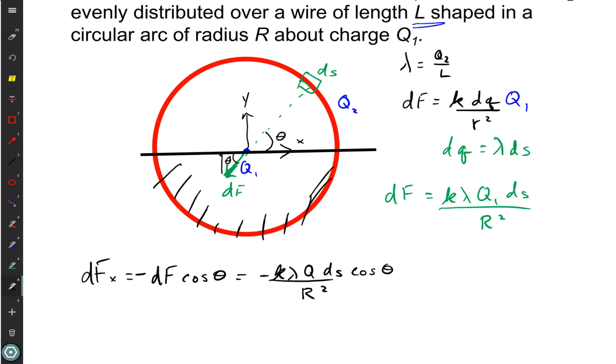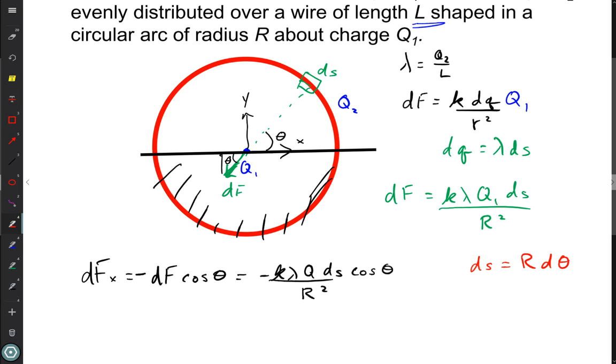Because we know that ds, this little length out here, is related to the angle it goes through by the very simplistic ds is equal to the radius times d theta. Right? Arc length was equal to the radius times the angle. So d arc length is equal to radius times d the angle.